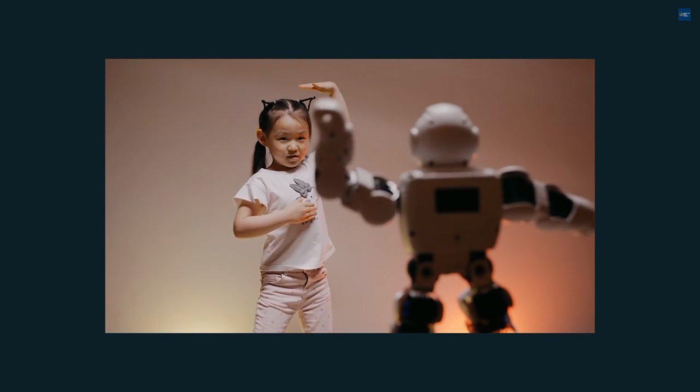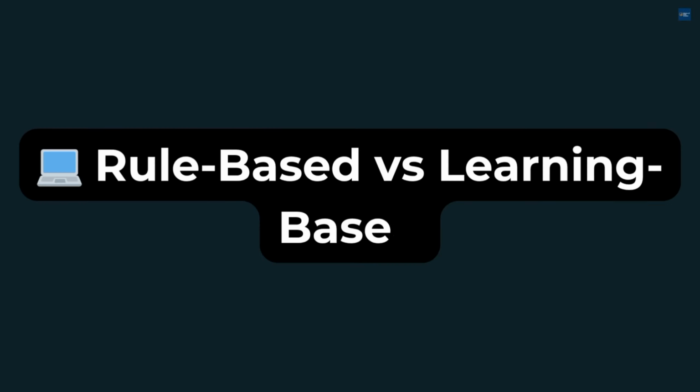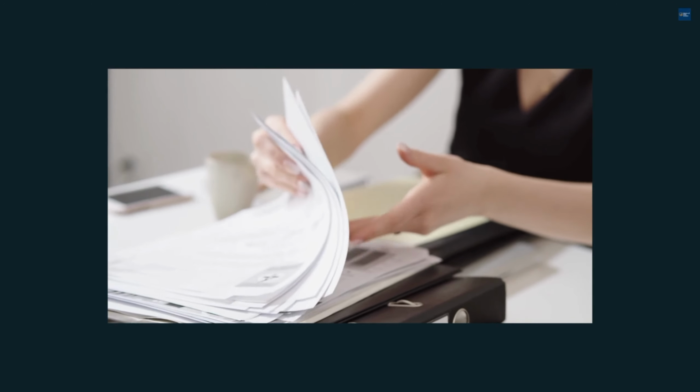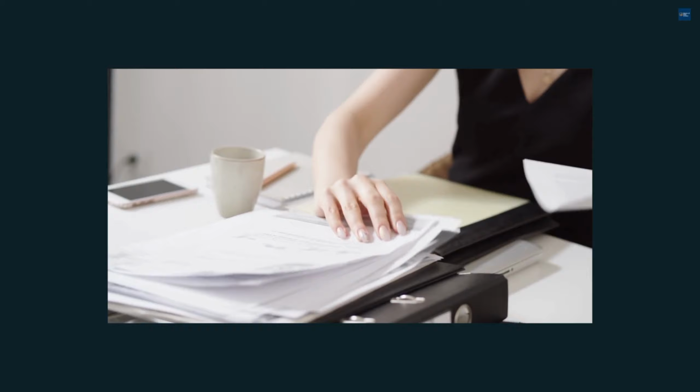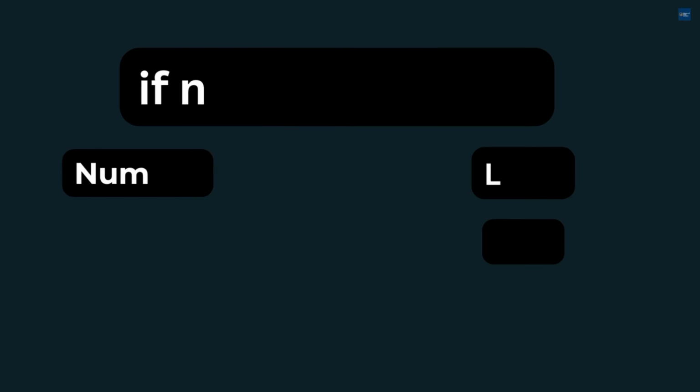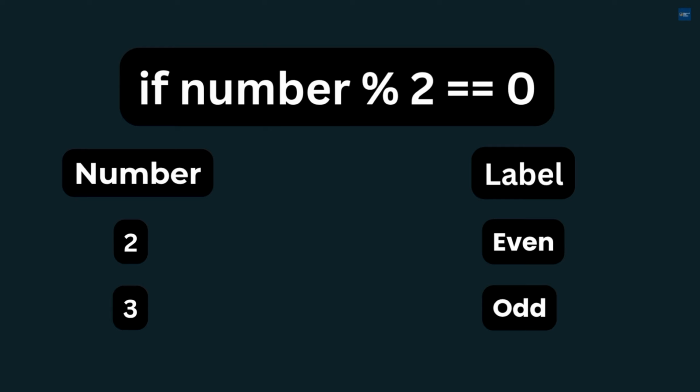Rule-based versus learning-based. Here's a quick comparison. In rule-based systems, we define logic manually. For example, if a number is divisible by 2, it's even, otherwise it's odd.